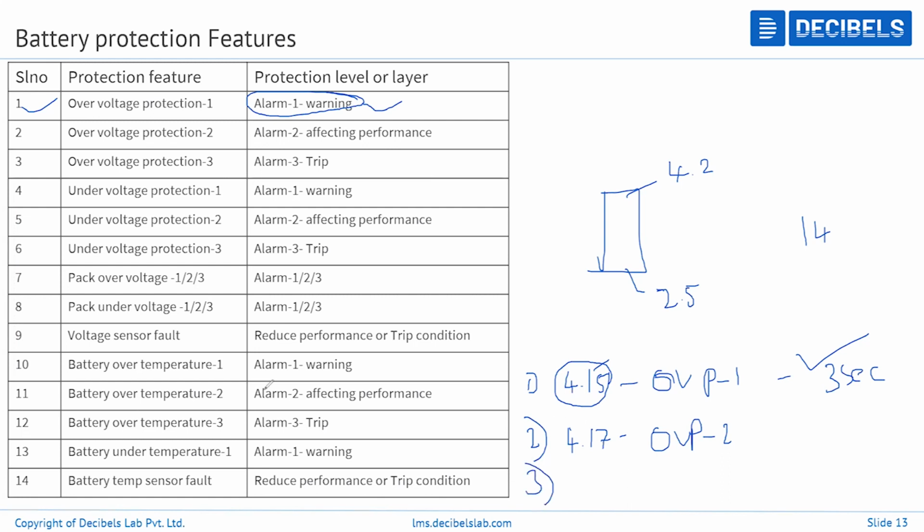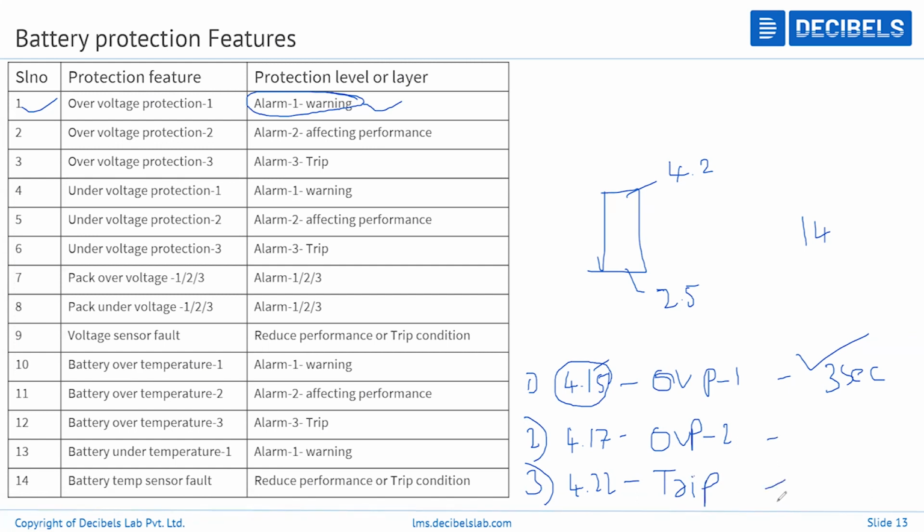And the third, over voltage protection 3. Let's say I have kept 4.22 as the value. Even after reducing, it will be charging, but very slowly. So if it reaches 4.22, then it will go to trip condition, like a complete cutoff.